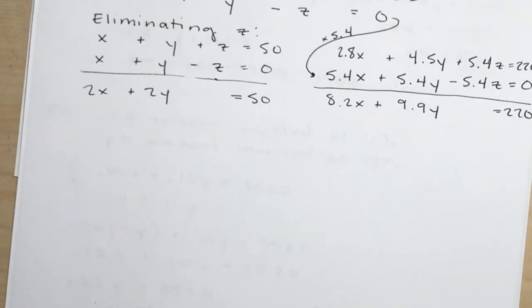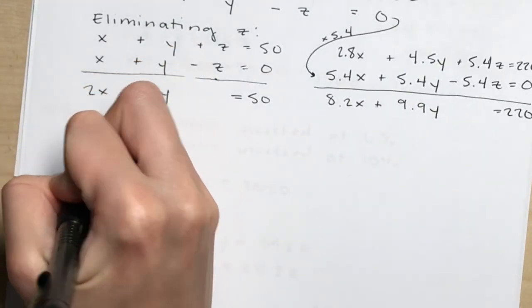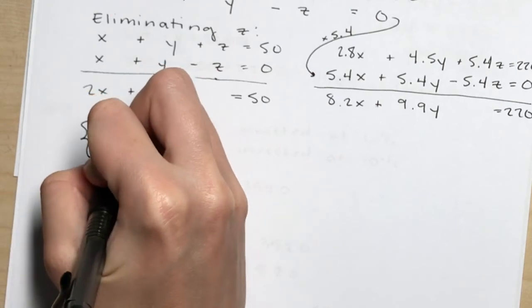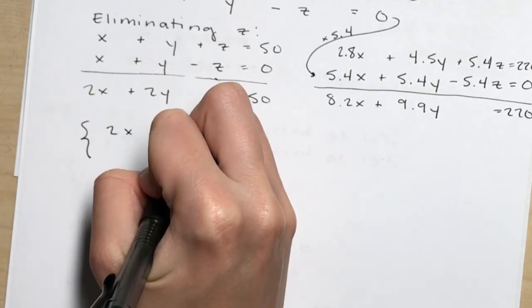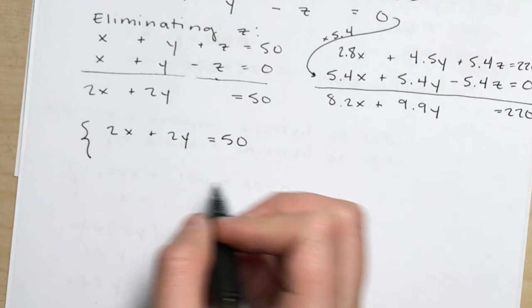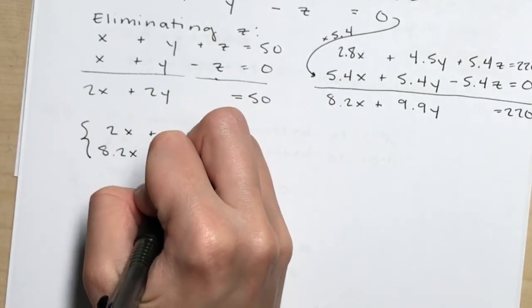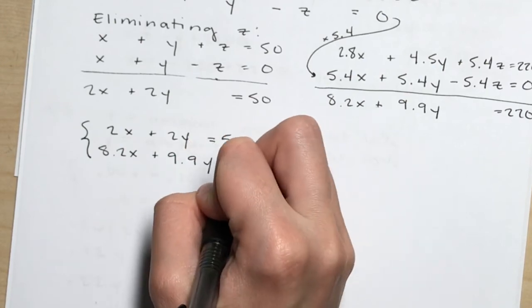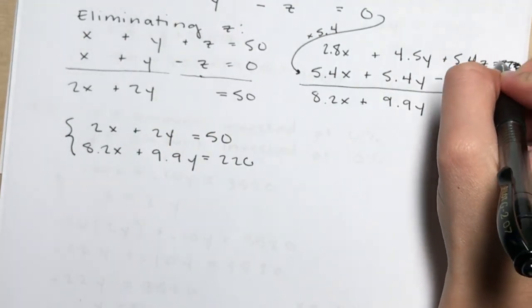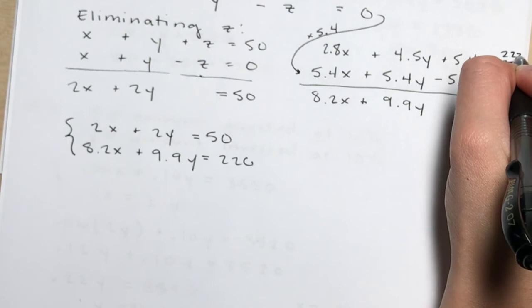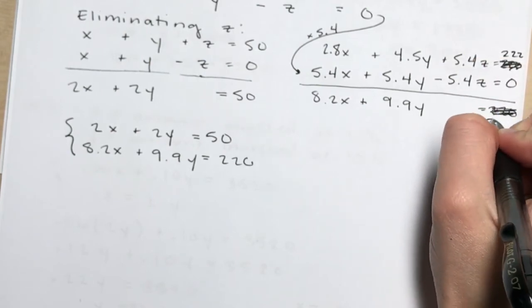Now we have a new 2x2 system with these two equations that we've just created. Oh, this should be, and this should be 222.